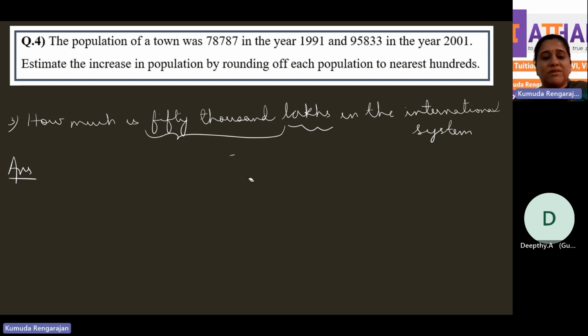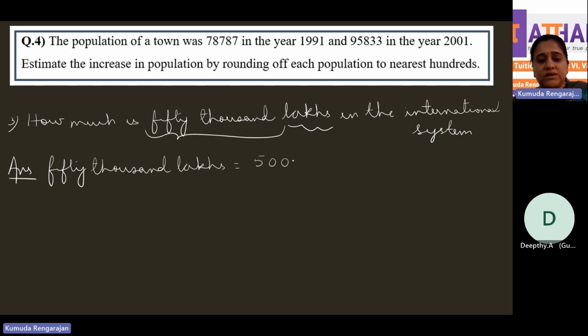All right, so you can present your answer like this. Now that you understood, you can present it like this. 50,000 lakhs is equal to 50,000 followed by 1, 2, 3, 4, 5 zeros.